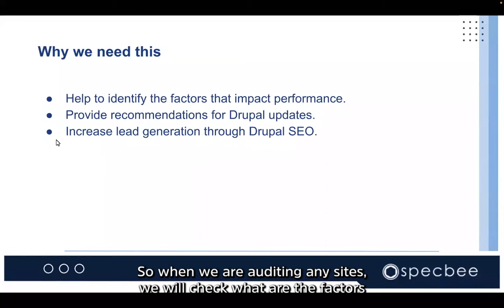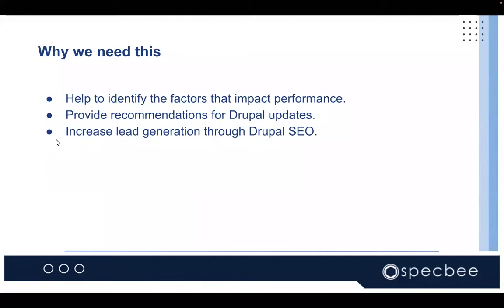When we are auditing any site, we will check the factors that impact performance. Is the site speed good or not? Are the images loaded in the correct format, like WebP, because WebP provides better compression than PNG or JPG?